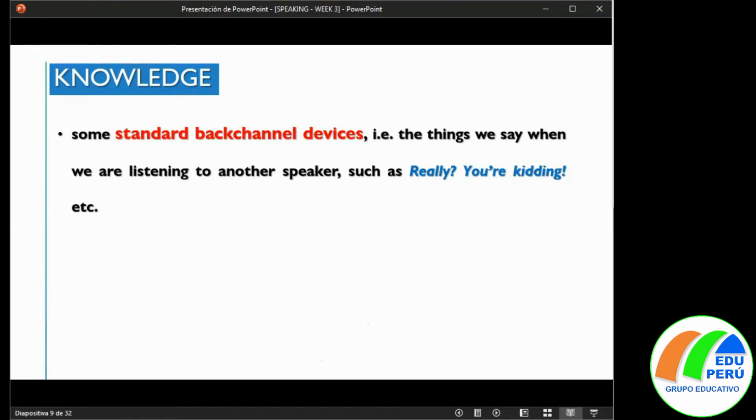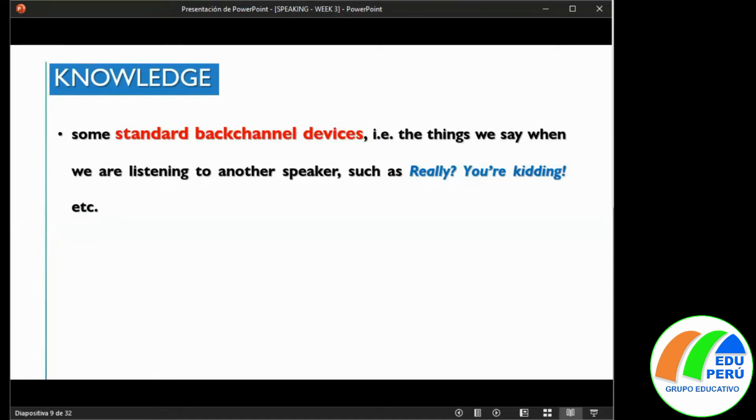Because when we communicate, we need to interact. No? We need to interact. That's what I told you, no? Try to participate, try to communicate your ideas, your opinions. Notice, interaction. And in a conversation, you interact more, right? So you need to use some standard back channel devices to respond, to react.